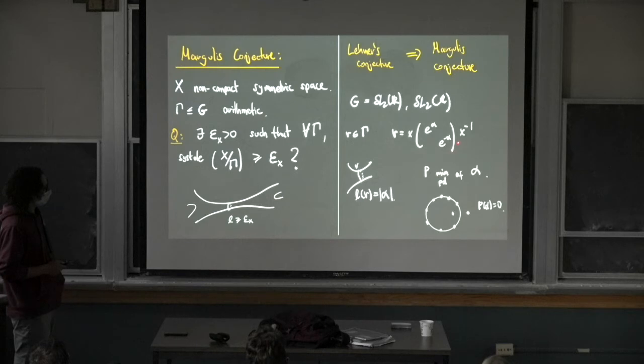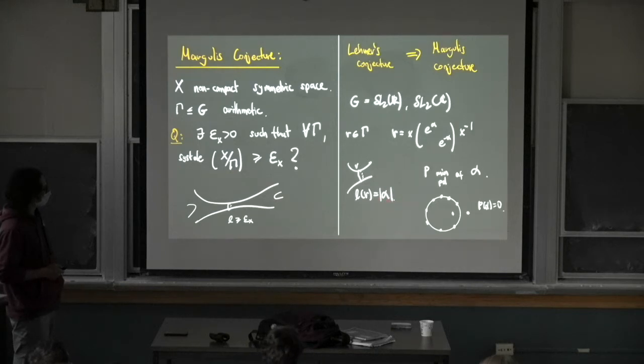Okay, and then a simple geometry exercise tells you that the length of this geodesic is actually the absolute value of this number alpha here.